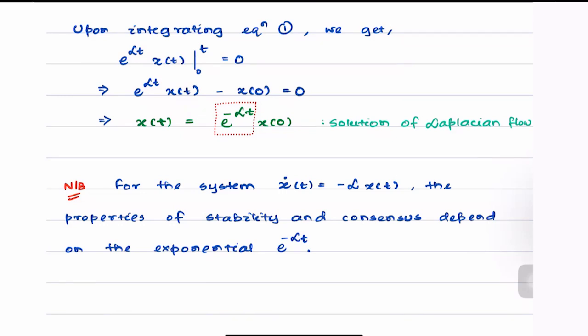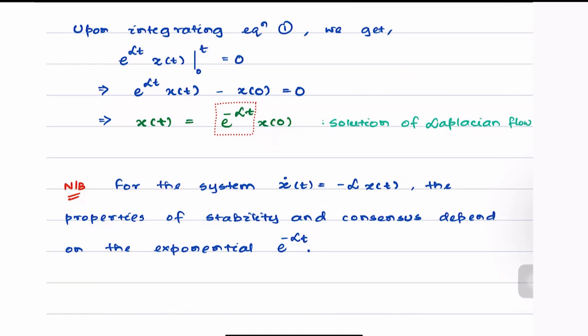Hence, if you want to figure out whether the system is stable or not, all that we need to do is observe this. Again, if we want to look at whether or not we achieve consensus, somehow we have to show that e raised to the power minus Lt must have some nice properties which can actually drive the system to consensus.